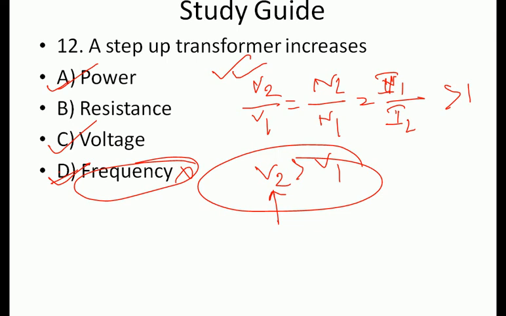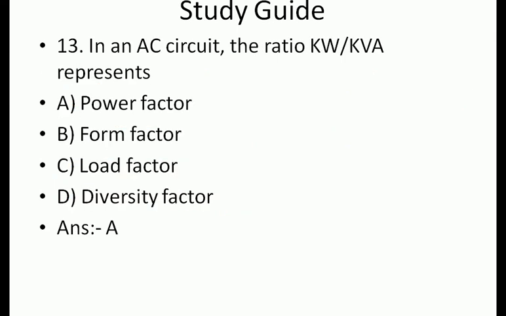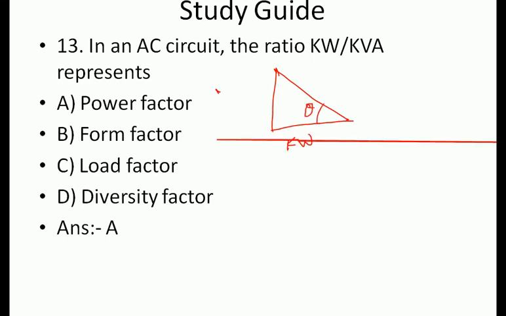Okay, moving to the next question. In an AC circuit, the ratio of kilowatt to kVA. Now, this is the theta, this is the kilowatt, this is the kVAR, and this is the kVA. Now what is cos theta?